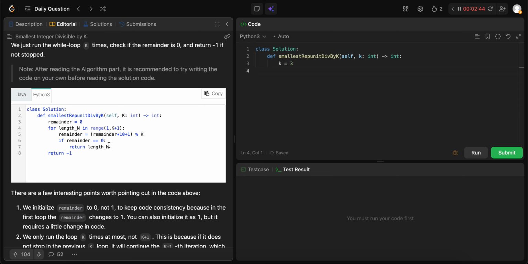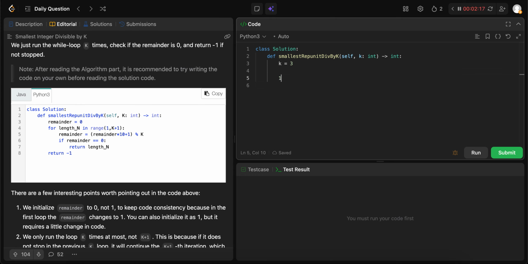Are we actually using this length n? Oh, we are. Because it directly corresponds to the... Okay, I understand why we go from 1 to k plus 1 instead of just 0 to k. Because you can use it to directly correspond to the length. Makes sense. So the remainder, okay, let's run through this.